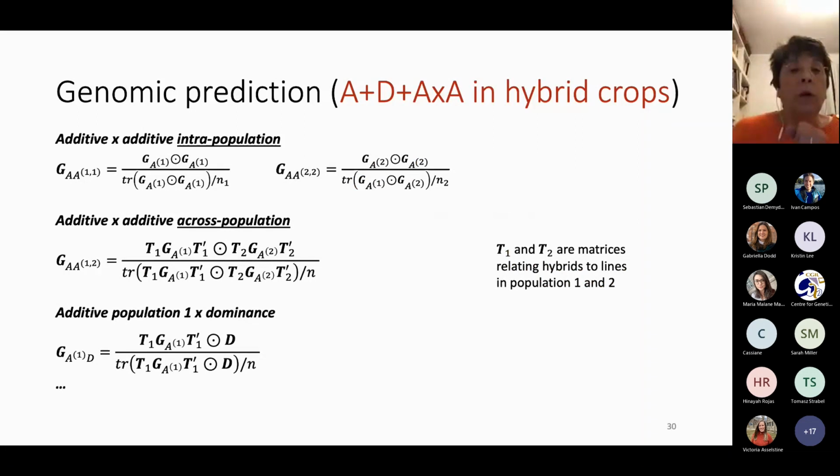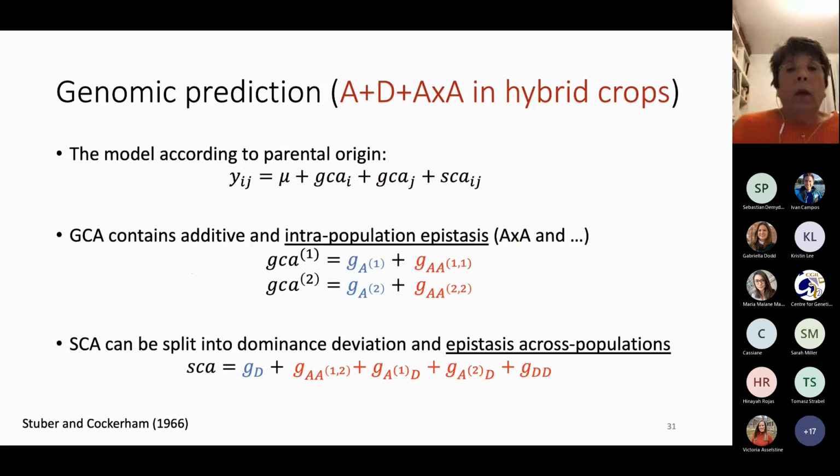But in this population, we have the possibility of separating the additive by additive intrapopulation epistatic relationship, and we have also an additive by additive across population epistatic matrix. And remember that it's possible because we have inbred lines. Okay.